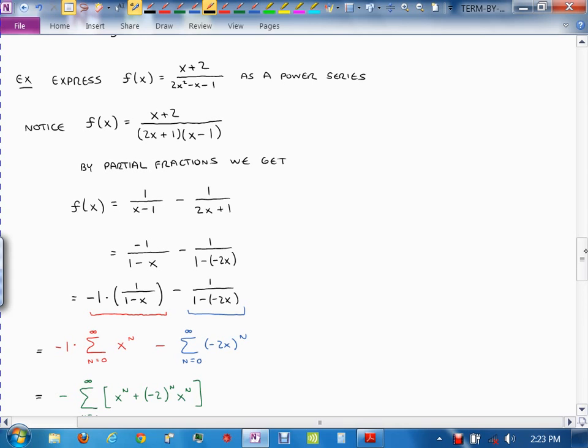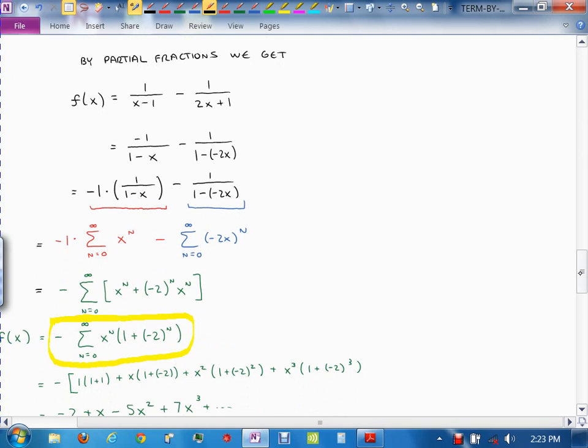Since both of these start at the same place, I can put them together into one sum, and I can factor an x to the n out. Does that make sense? And then from there, you're done. And then you can write out the first few terms.